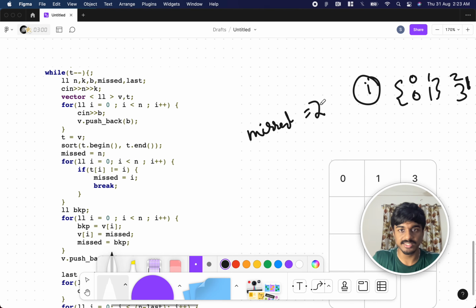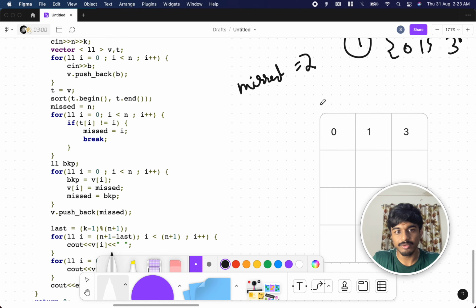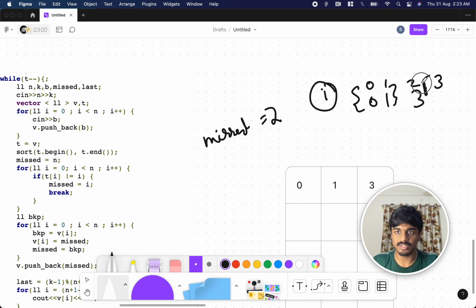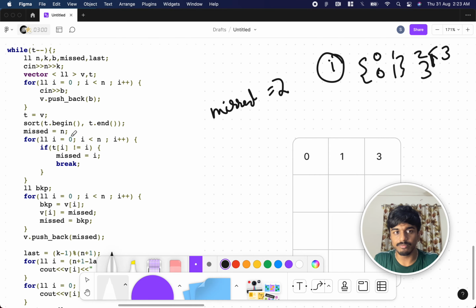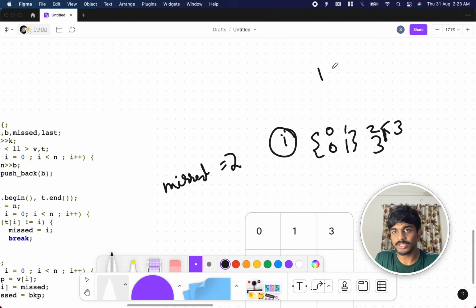Now how do we build this table? Table building is something we will do very easily. We have 3 numbers here, right? Most important, you have to assign missed equal to n, because suppose in the question they give 1, 2, 3 here, then missed by default can be 4.